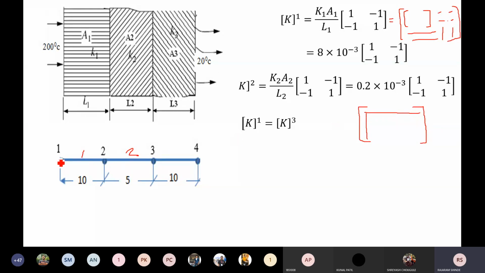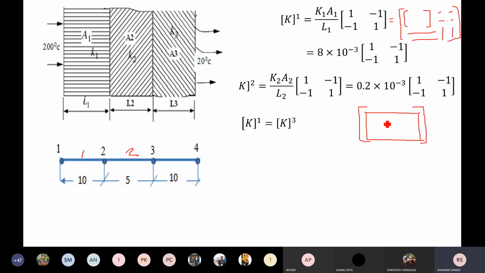Because the first node is not attached to the second element, that is K11, K12, K13, K14, all these terms are 0. Okay, do you agree with this? And here K21, K31, K41, all these terms are 0. Now next one, again the fourth node is also not attached to the second element. So your fourth row is also 0 and fourth column is also 0.